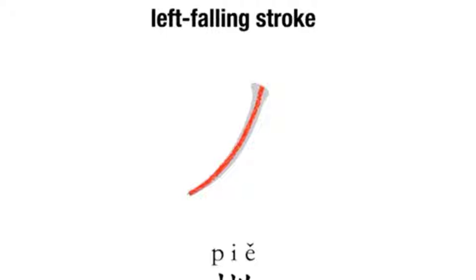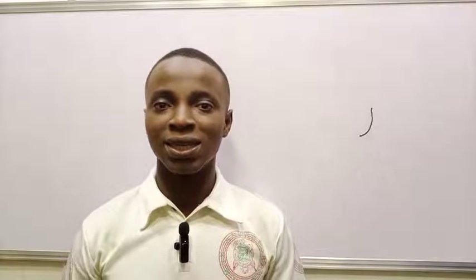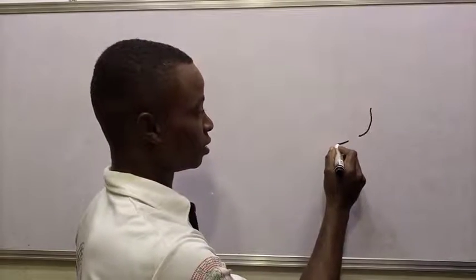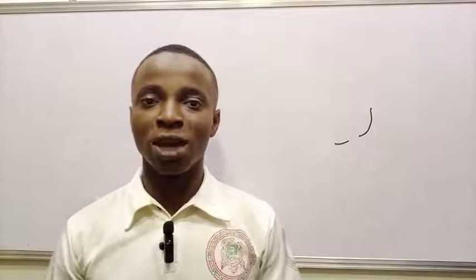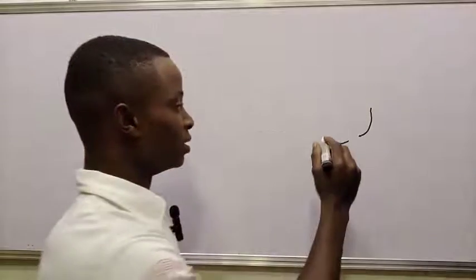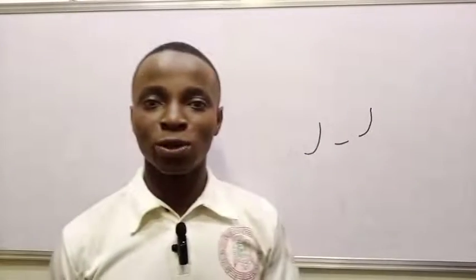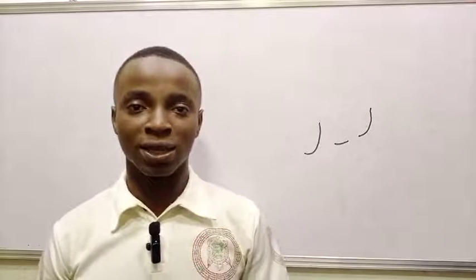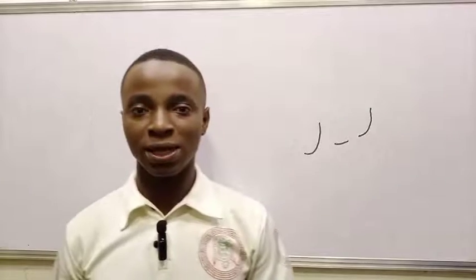While in some Chinese characters, it can appear horizontally this way, a little. Also, in some other characters, it can appear vertically this way. So let's quickly learn this stroke with new vocabularies, with new characters. Let's find out some characters where these strokes appear.